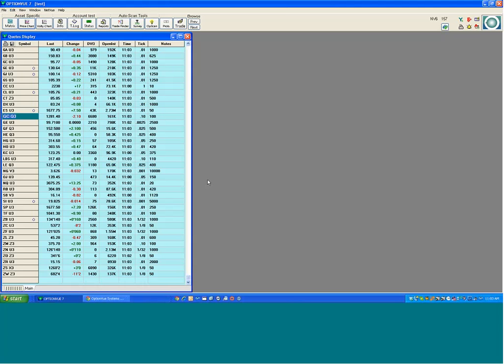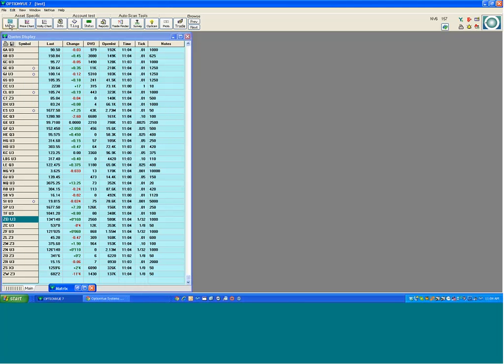What I'd like to start with is the ZB, which is the 30-year government treasury bond market. I do have real-time quotes, so you will see right now that the September contract is 134.14. It's up 16 seconds today.